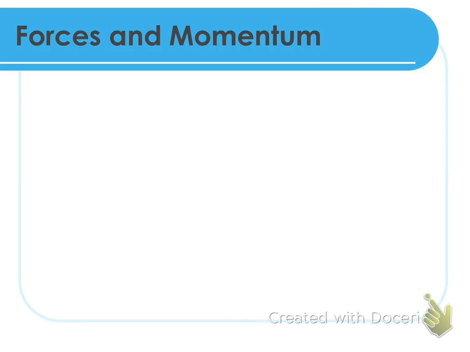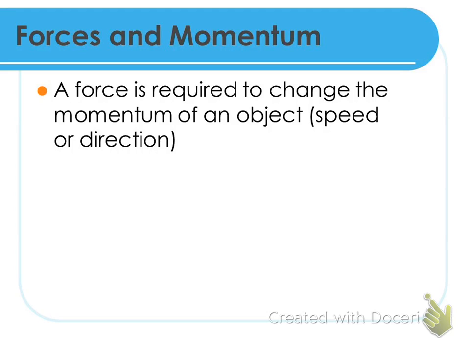So now that we've looked at the basic equation for momentum, we're going to look at the connection between momentum and force. The connection between these two is that anytime we need to change momentum, there has to be a force acting on this object to change its momentum. An object's going to keep moving unless an outside force acts upon it.